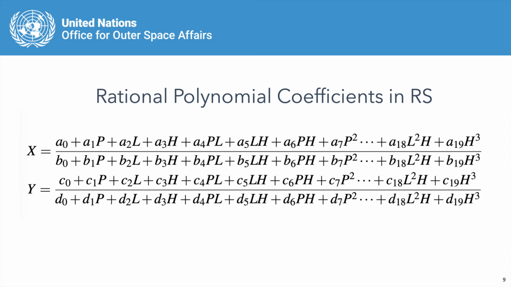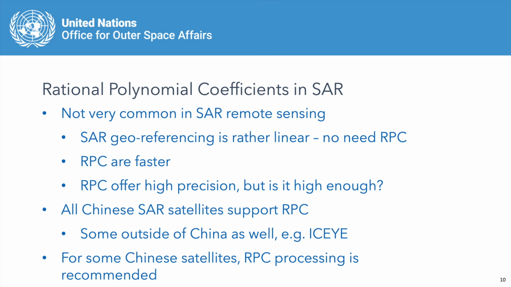It's just calculating the solution to this equation, which a computer can do very, very fast. So after having the RPCs, calculating position is very fast and efficient in that sense, and much faster than with the range Doppler.